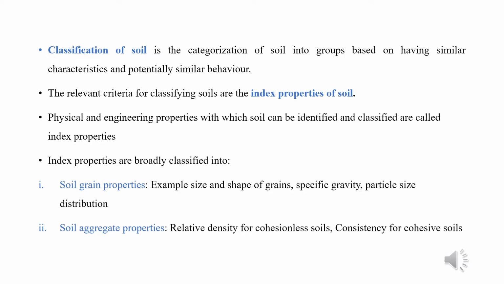So these soil aggregate properties represent the collective behavior of the soil and are influenced by the stress history of the soil, the mode of soil formation, and the soil structure, right? These properties are very important as they represent the true undisturbed natural soil deposits on which the engineering structures are founded and designed accordingly, right?